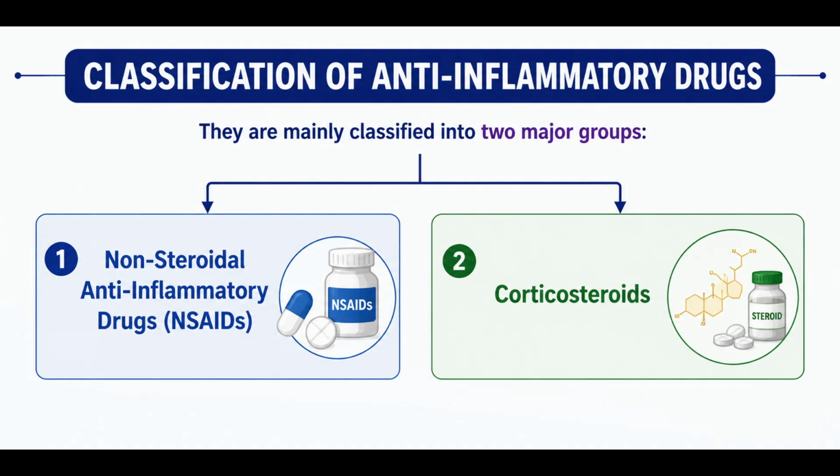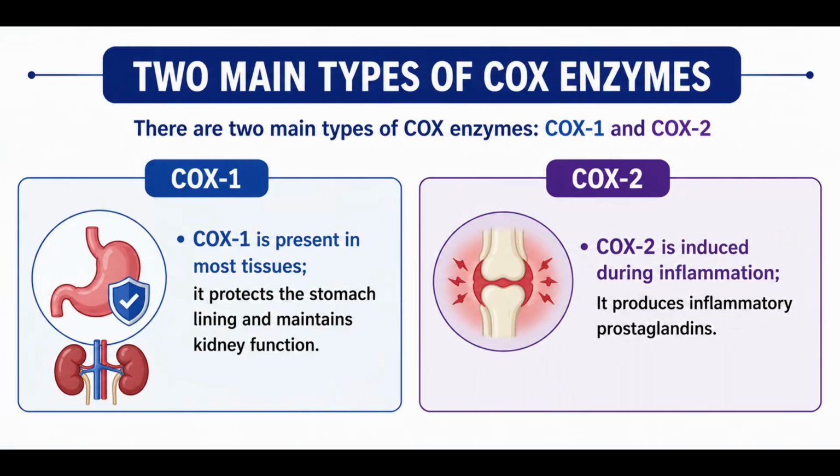Let's first understand the mechanism of NSAIDs, that is non-steroidal anti-inflammatory drugs. NSAIDs reduce inflammation by inhibiting the cyclooxygenase enzyme. Normally, COX converts arachidonic acid into prostaglandins and thromboxanes. These are the key mediators responsible for inflammation, pain, and fever.